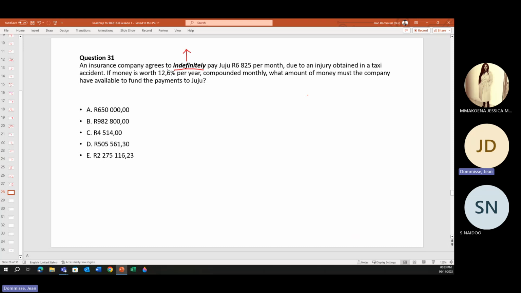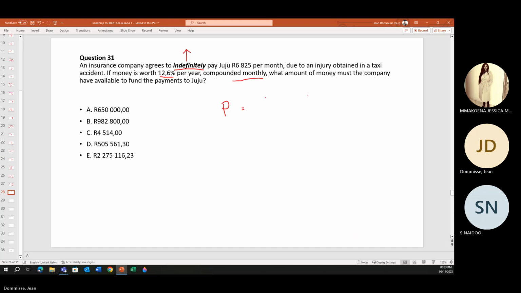So it goes to infinity, pays 6,825 per month due to an injury obtained in a taxi accident. If money is worth 12.6% per year, compounded monthly, what amount of money must the company have available to fund the injuries to Juju?